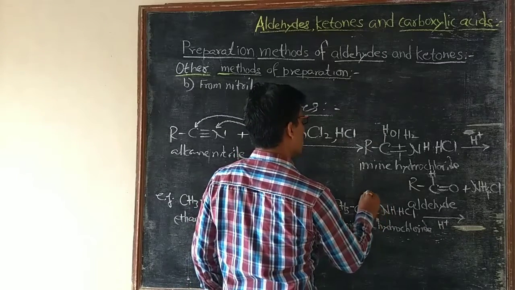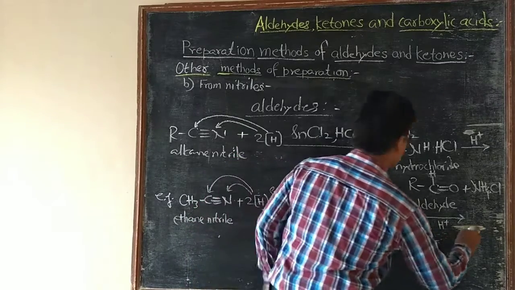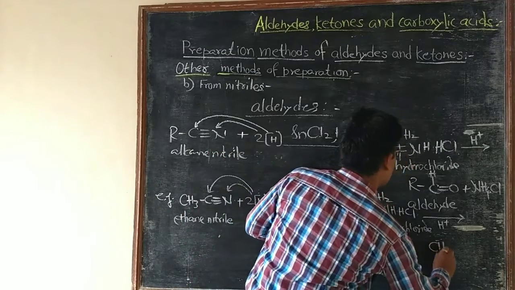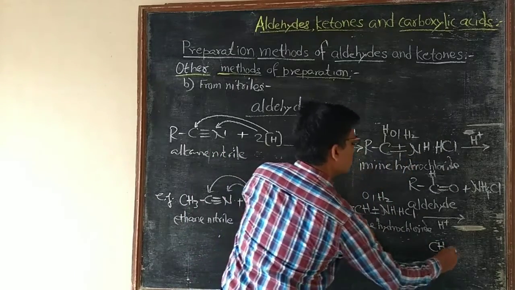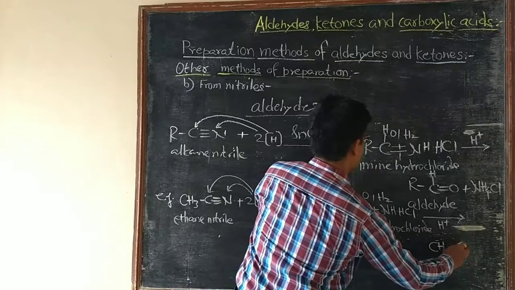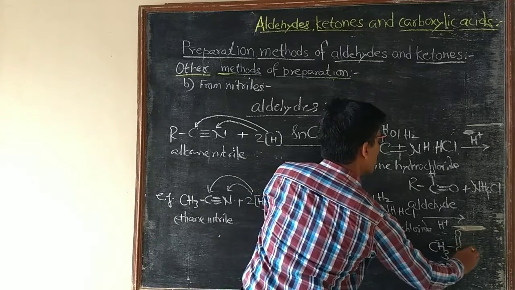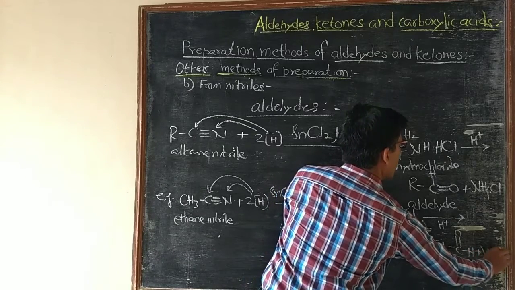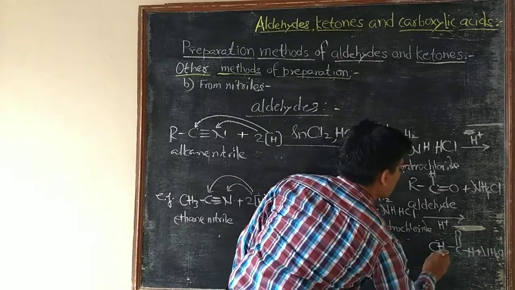In this way, it forms its corresponding aldehyde, CH3CHO plus NH4Cl. It is acetaldehyde.